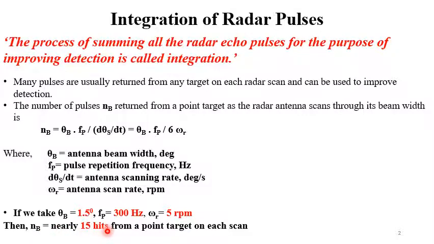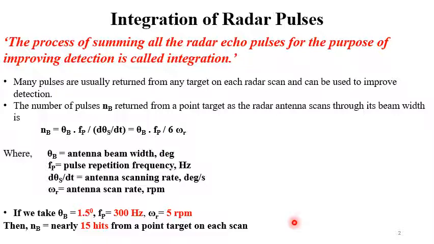That means in one scan, almost 15 pulses or echoes would be expected to be returned from a point target. That means the point target will not produce a single echo, but in one scan it will produce at least 15 echoes.